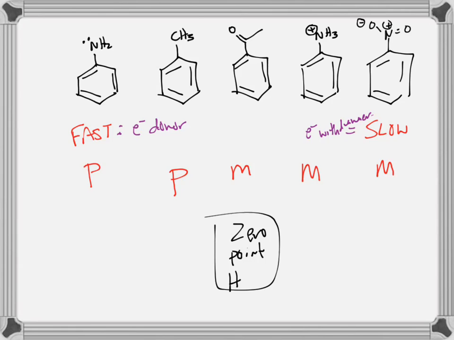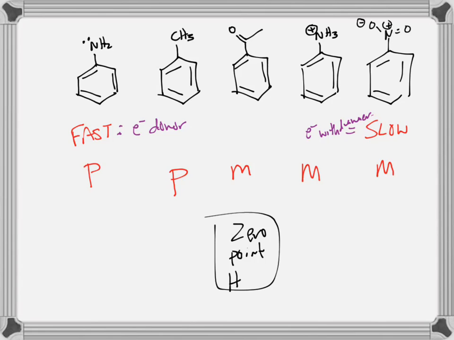So when I look at the toluene, I'm comparing hydrogen to carbon. Which one has more electrons to donate? Carbon, because it's bigger, more electrons. Which one has more electrons to donate in comparison from hydrogen to aniline? Nitrogen. Okay. If we compare nitrogen to carbon, nitrogen, because?